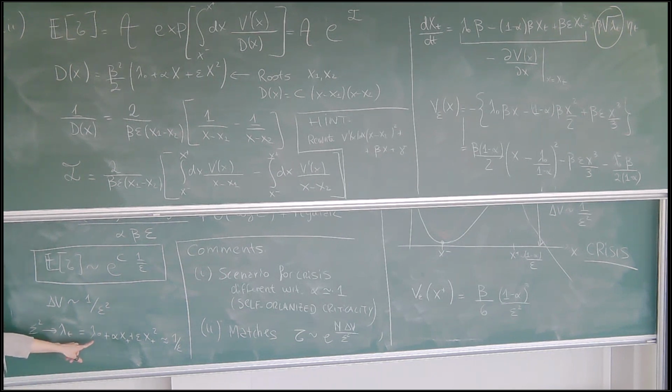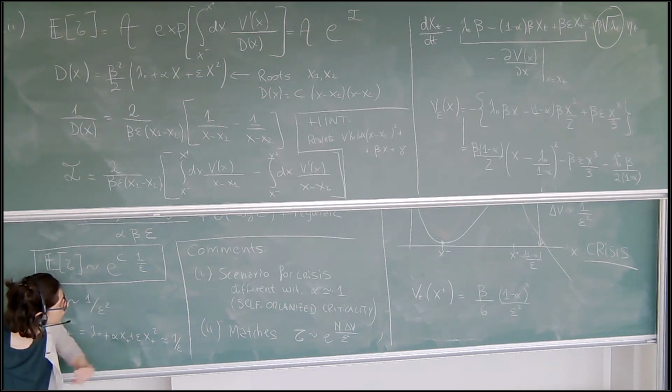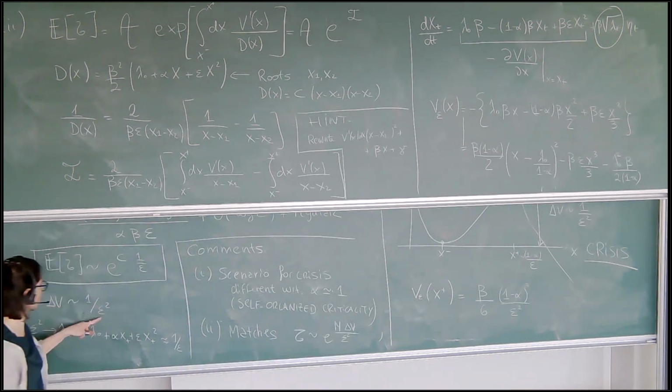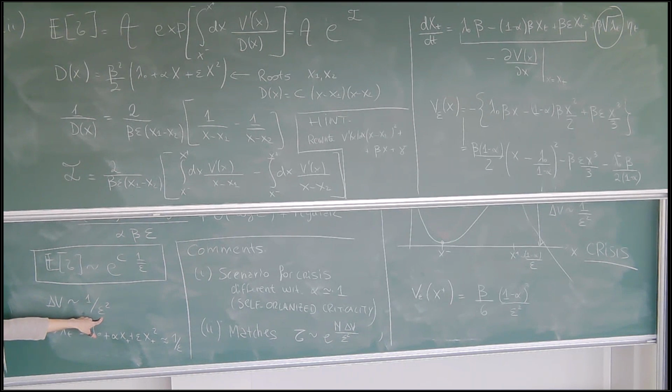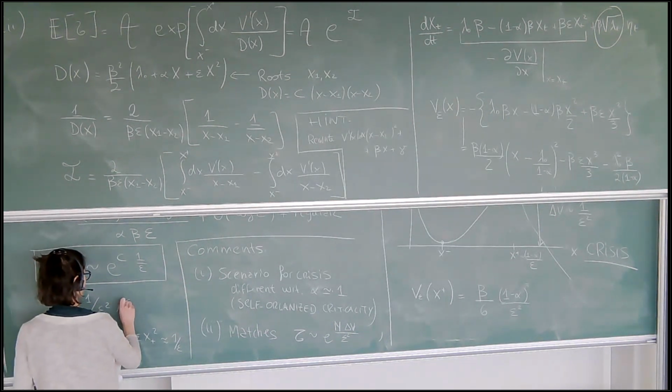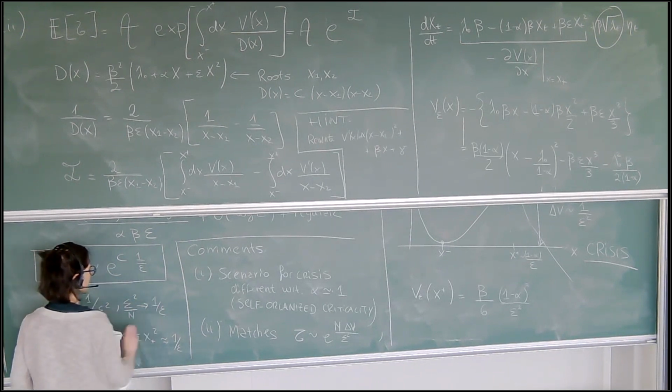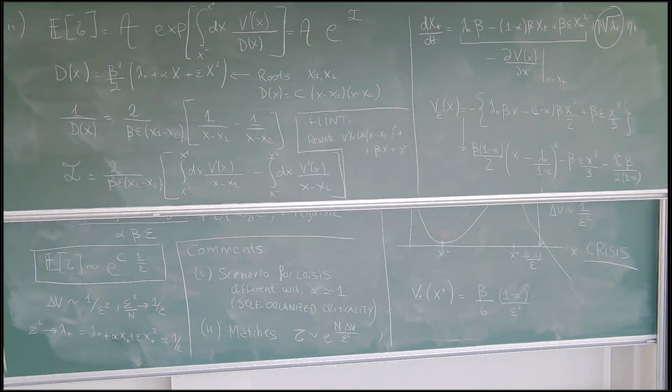So when computed at the barrier, it goes like 1 over epsilon. So if you plug it into this expression, you will have dv, which is 1 over epsilon squared, and then you have a sigma squared over n, which now becomes 1 over epsilon. And combining these two scalings, you get precisely this factor of 1 over epsilon for the relaxation time.